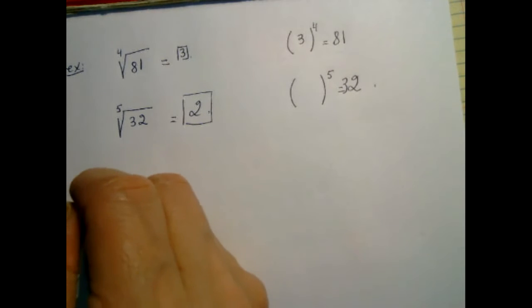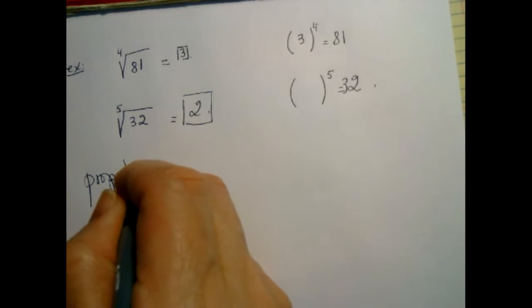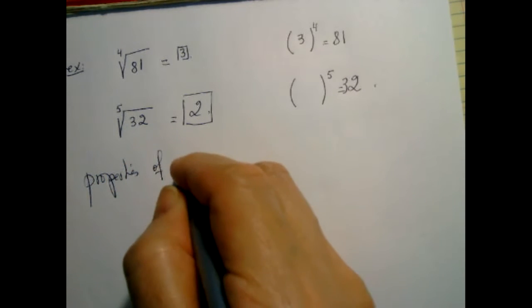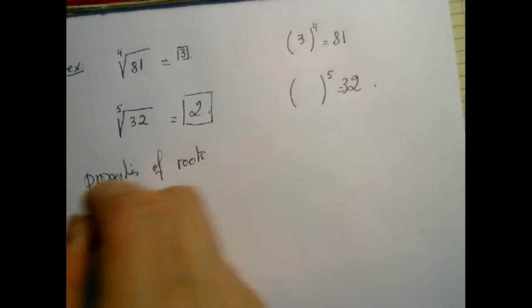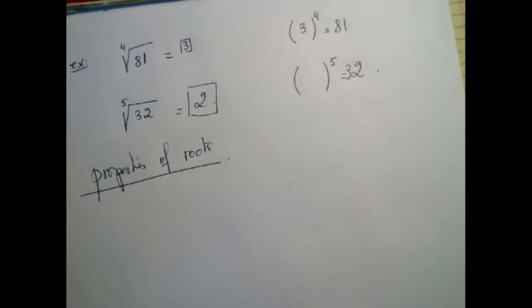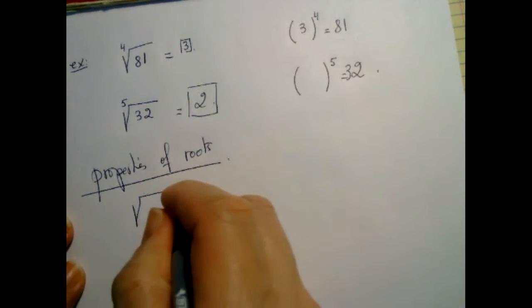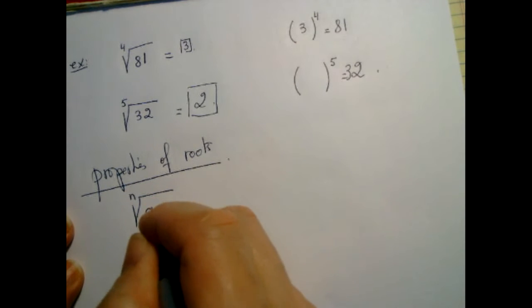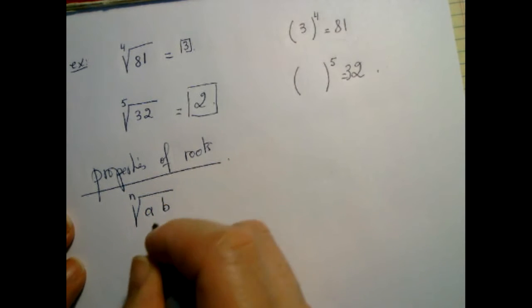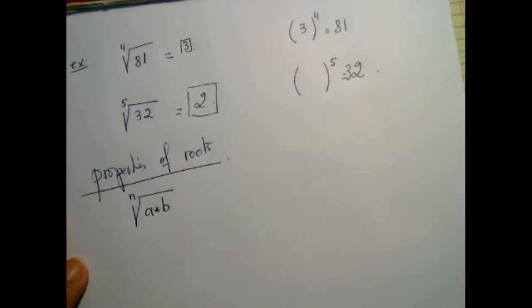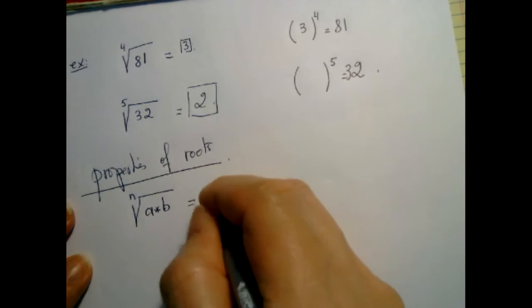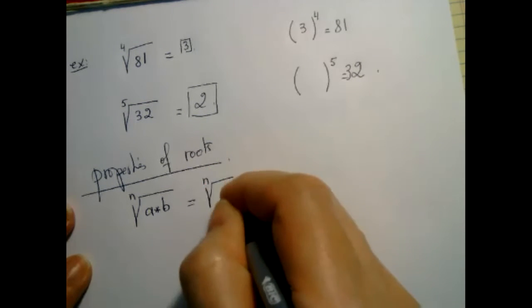Now, properties of the nth root. What do I mean by properties? I mean the following. If you take the nth root of A multiplied by B, so here there is a multiplication, and that's very important, you can split the nth root.